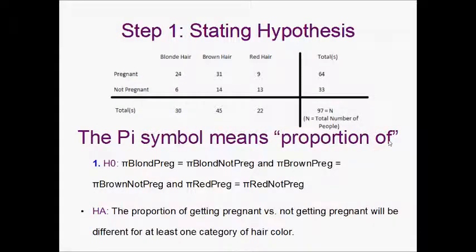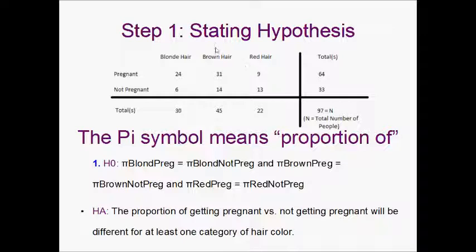When stating the hypothesis in a chi-square problem, we use the pi symbol, which stands for proportion of. So for our null hypothesis, we say the proportion of blonde pregnant women is equal to the proportion of blonde not pregnant women, and the proportion of brown pregnant women is equal to the proportion of brown not pregnant, and the same for the red haired.